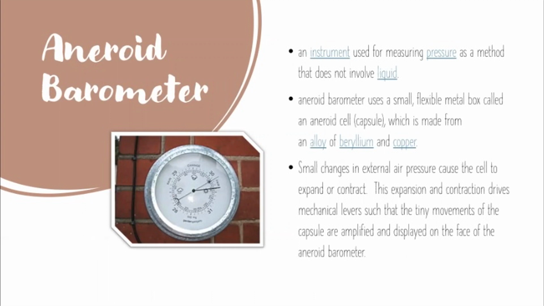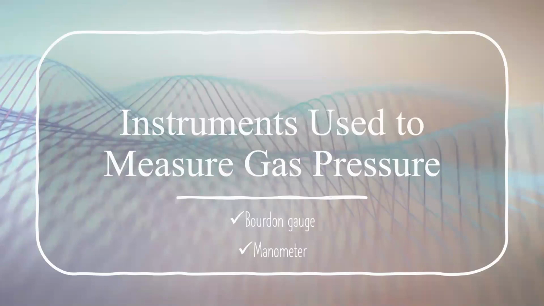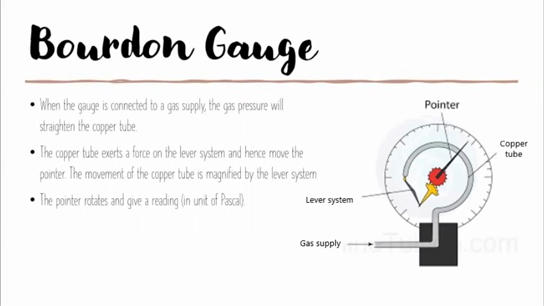It can detect very small changes in external air pressure, and the small changes can be amplified and displayed on the barometer. Next, I will explain the instruments for gas pressure, the Bourdon gauge and also the manometer.